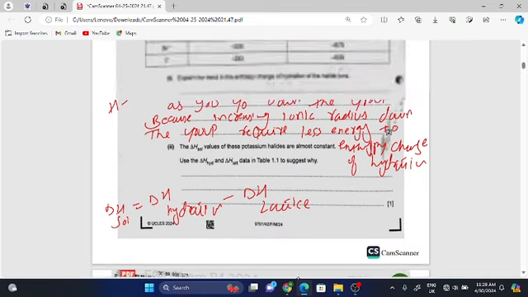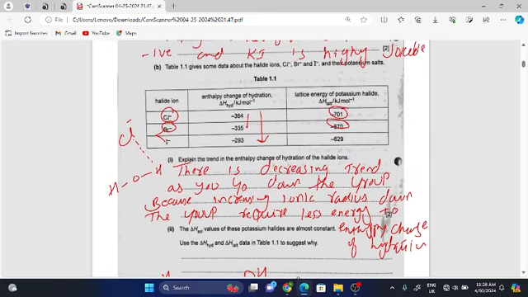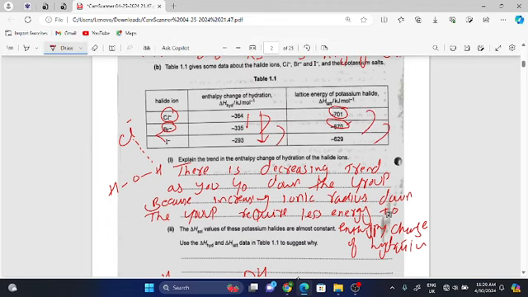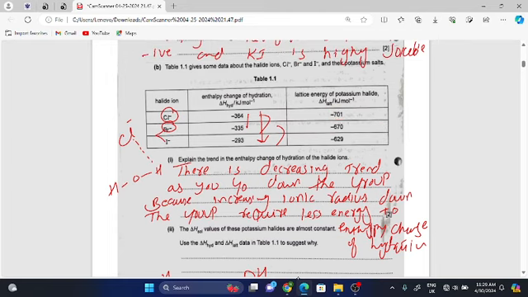You can also verify on your calculator by taking the difference between the corresponding values, these two and these two, and similarly the other pair, and it will be approximately constant. So that's why they show the same behavior.